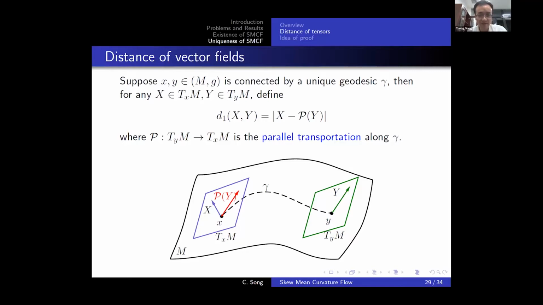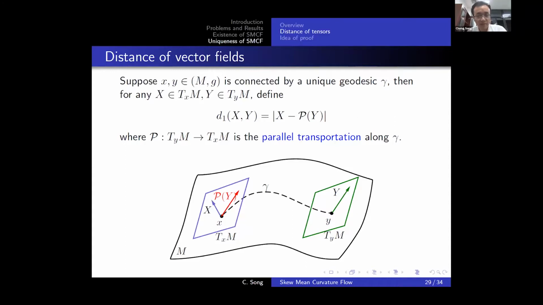Then you directly see X and Y as vectors in the Euclidean space, then you do the difference. But it's not a canonical way to define the difference of X and Y.